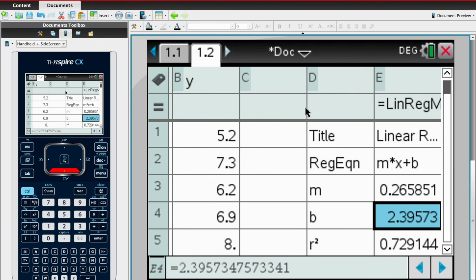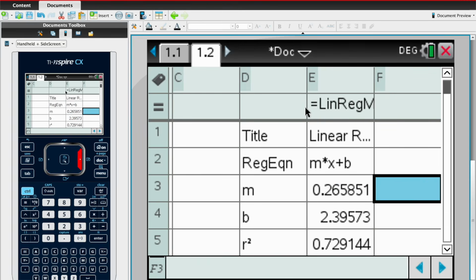Let's find m and b. There it is. Okay, so the slope is equal to 0.266, rounded to 3 sig figs. And then we have 2.3957 or 2.40 rounded to 3 sig figs for the y-intercept. Okay, let's go back to the document and write this out.